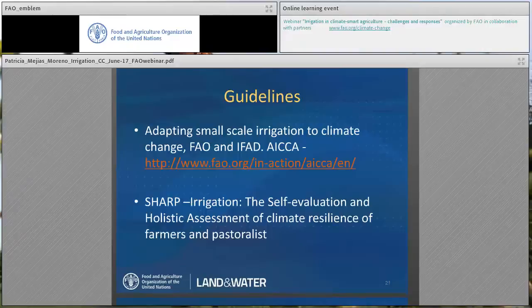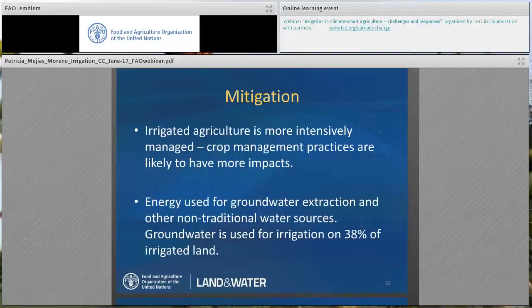In this project, we are using a specific tool developed by FAO, which is called SHARP. It's a Self-evaluation and Holistic Assessment of climate Resilience of farmers and Pastoralists, in which we have included an irrigation module to specifically assess the resilience of irrigation systems to climate change. When we talk about climate-smart agriculture, we should also mention mitigation.